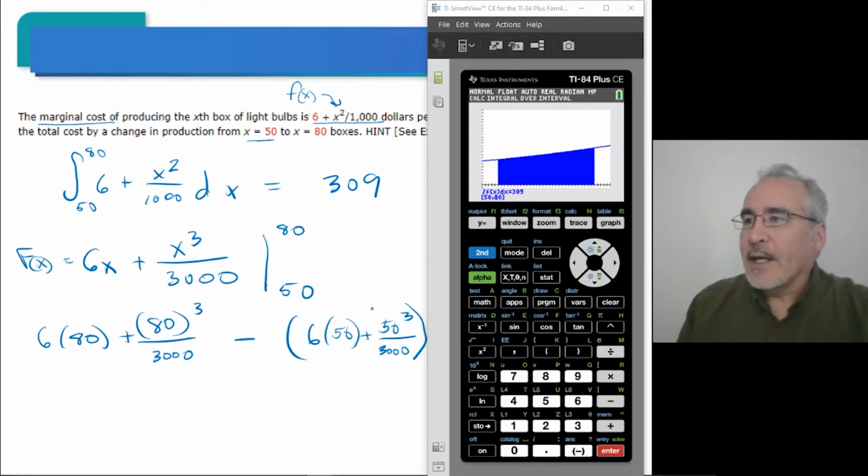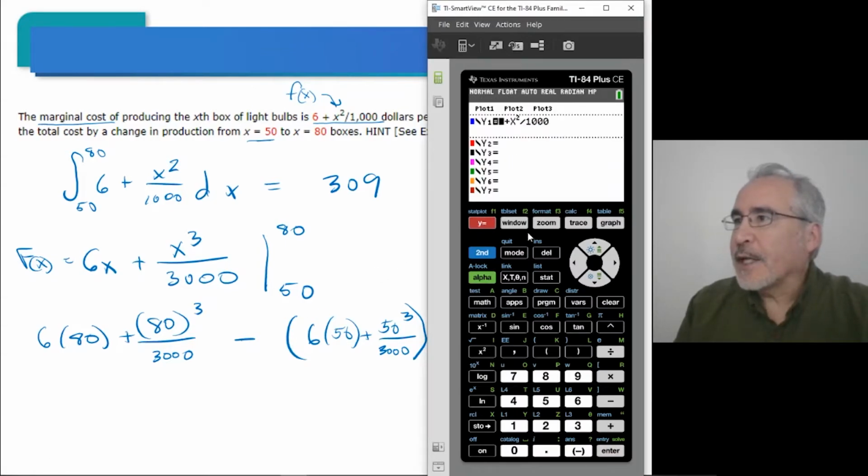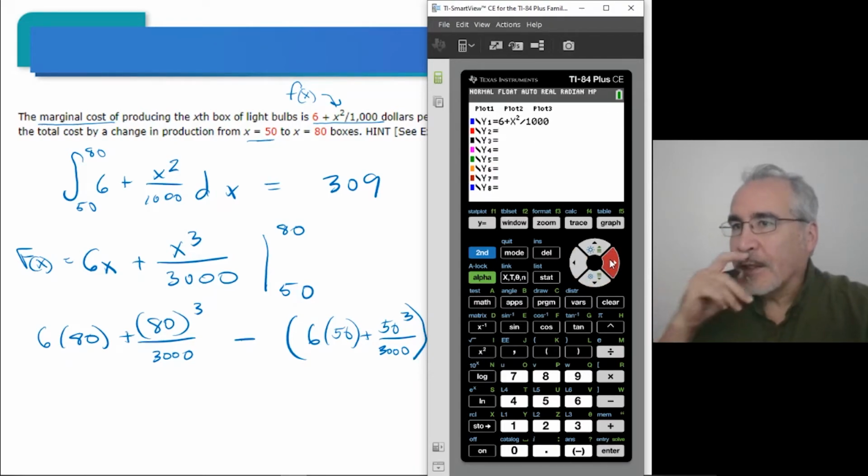Okay. Now you could calculate these by hand. What I'm going to show you, let's come back here. I'm going to turn this one off just to be safe. What I'm going to do is I'm going to graph or put this in and use the table looking up 80 and 50. So I'll show you how to do that. So in this case, we're putting in the large F function.